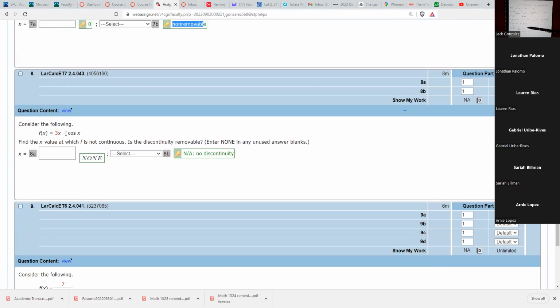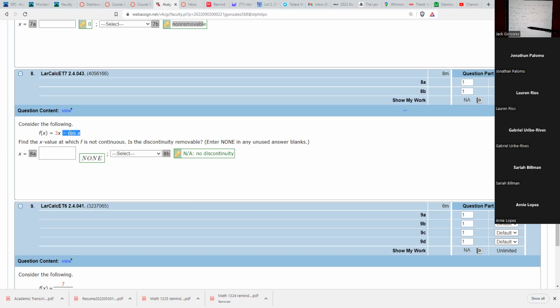So when you do these, just look and see, okay, is there a problem somewhere? And if I can't see it, graph it and then check. Or just ask yourself, is there any value for cosine that I cannot plug in? Is there any value for this particular X that would give me problems if I plugged in some number for the X?